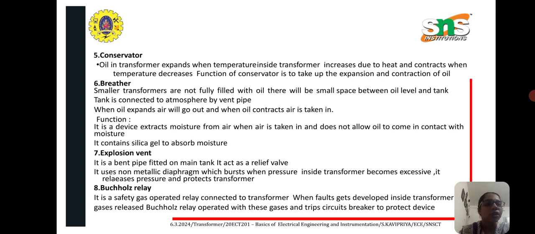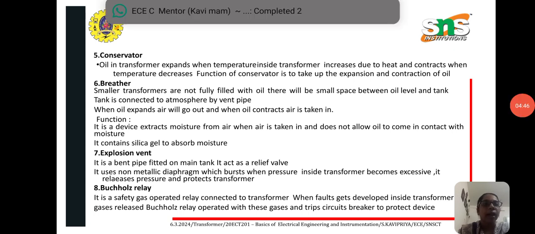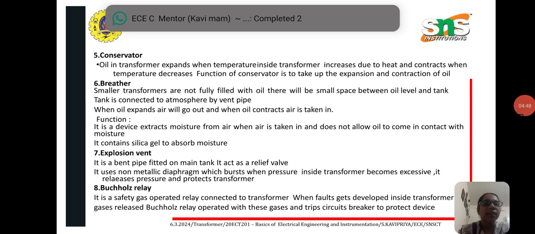So the function of the conservator is to take up the expansion and the contraction of the oil. The oil expands whenever there is an increase in the temperature inside the transformer and the oil contracts whenever there is a decrease in the temperature of the transformer.